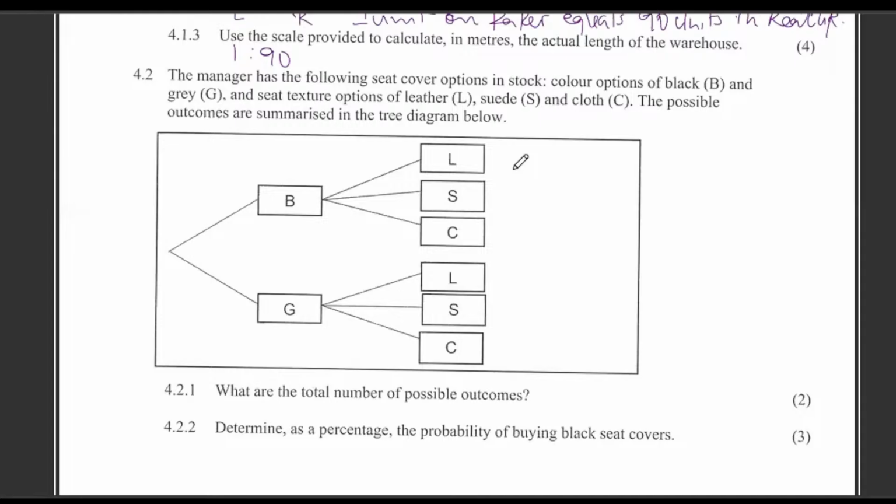The possible outcomes are summarized in a tree diagram below. What is the total number of possible outcomes? How many legs do we have here? We have 1, 2, 3, 4, 5, and 6. So the total possible outcomes are 6.